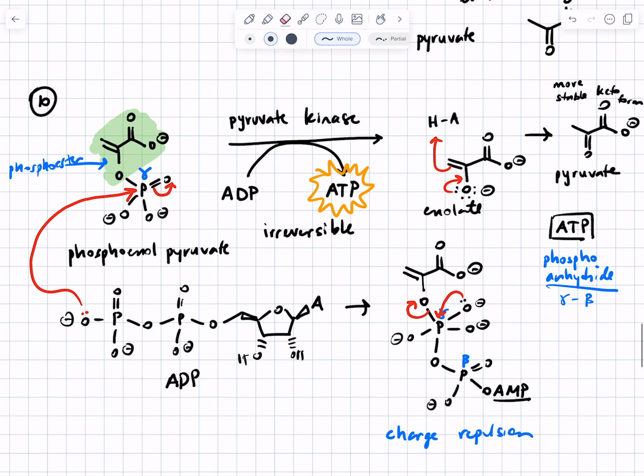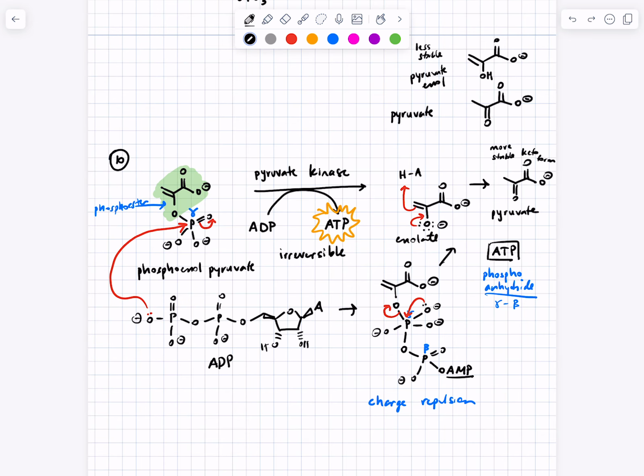Nothing special other than I wrote ATP is generated in this step. So I'm not sure. These are the two products of that step.